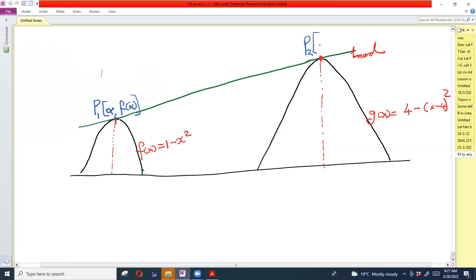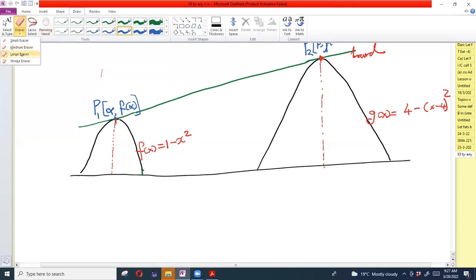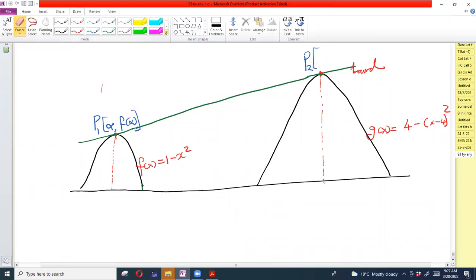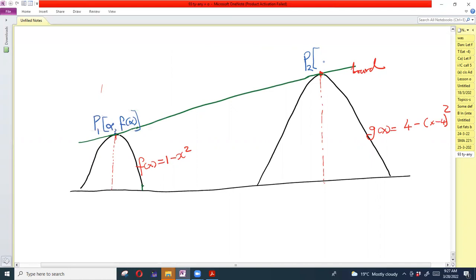Let the x value here be beta, so the y value will be g of beta. So this is beta, and then this is alpha.